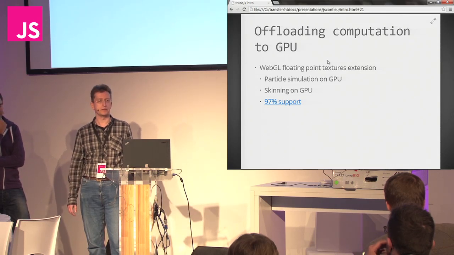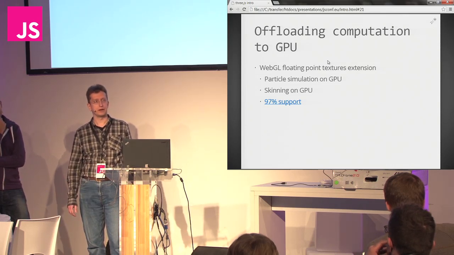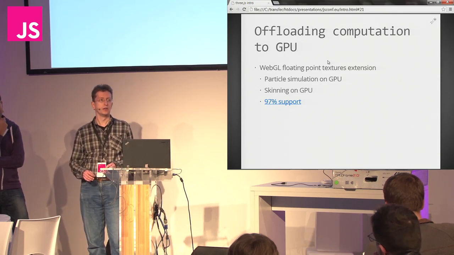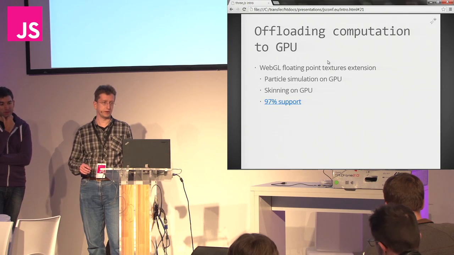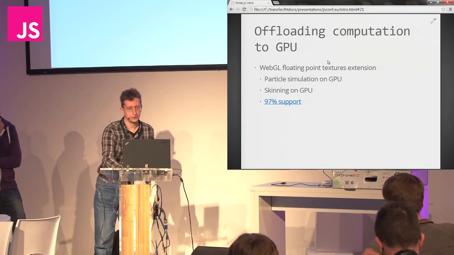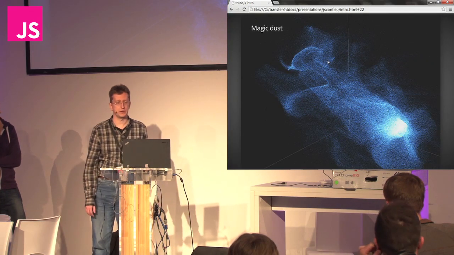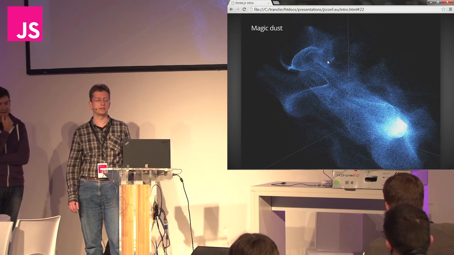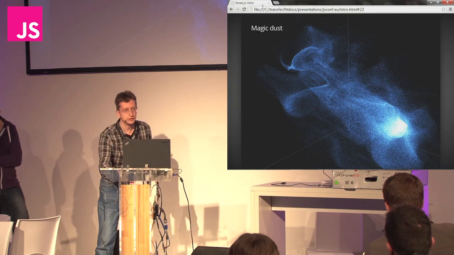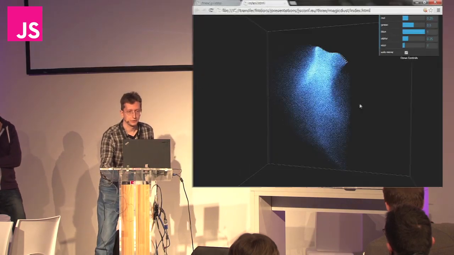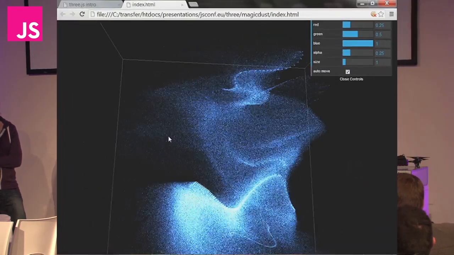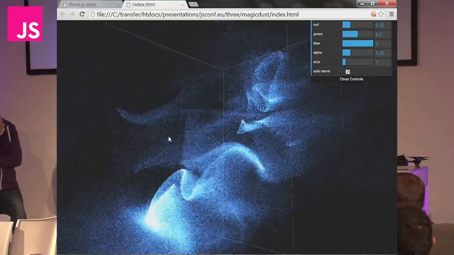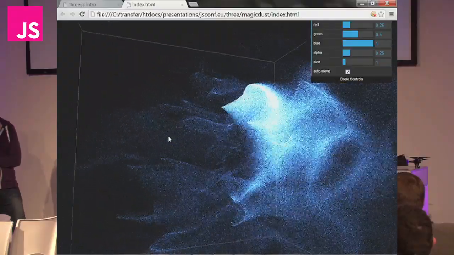And here we use another of the recent features, where we are able to pass floating point textures, which we can use to pass data to the graphics card in an efficient way. For example, it's useful for particle simulations, where if we were doing particle simulation just in JavaScript, we were able to have tens of thousands of particles. Here with floating point textures, we can have 1 million particles running on the GPU. The CPU is almost quiet. We just put the shaders on the GPU and then everything is done in the graphics card.